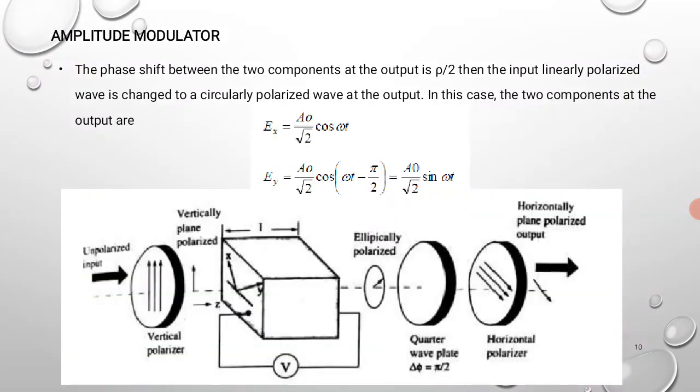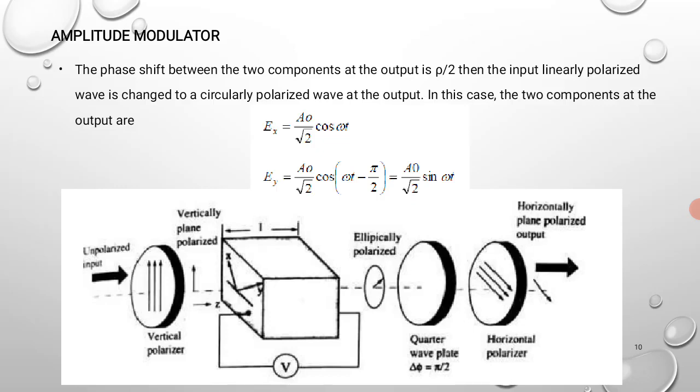Next is the amplitude modulator. This is the block diagram of the amplitude modulator. The phase shift between the two components at the output is pi by 2, so the input linearly polarized wave changes to a circularly polarized wave at the output. The amplitude of each component is 1 by root 2 a naught cos omega t.